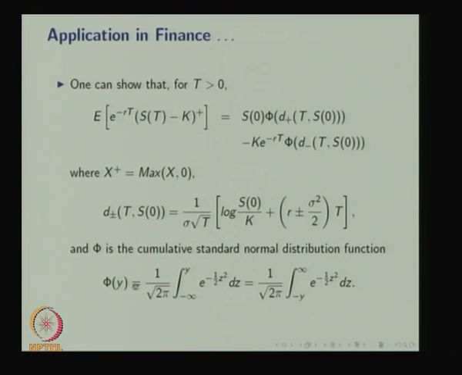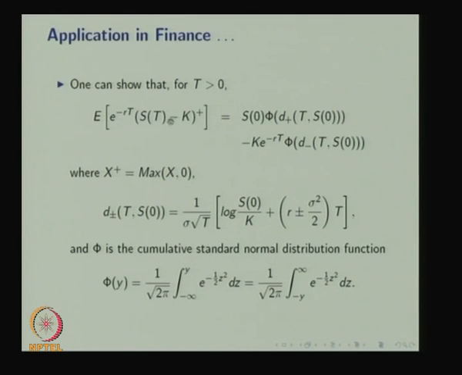Psi of y is defined as the probability that a standard normal random variable lies between minus infinity and y. So either minus infinity to y or minus y to infinity, because it is symmetric. This expectation is a discounted one, e power minus RT.